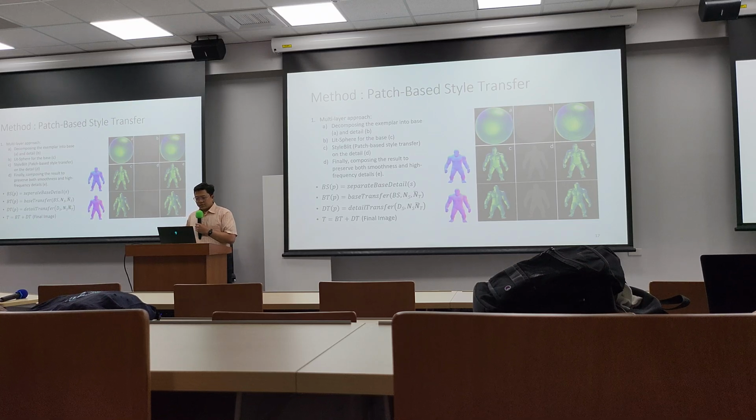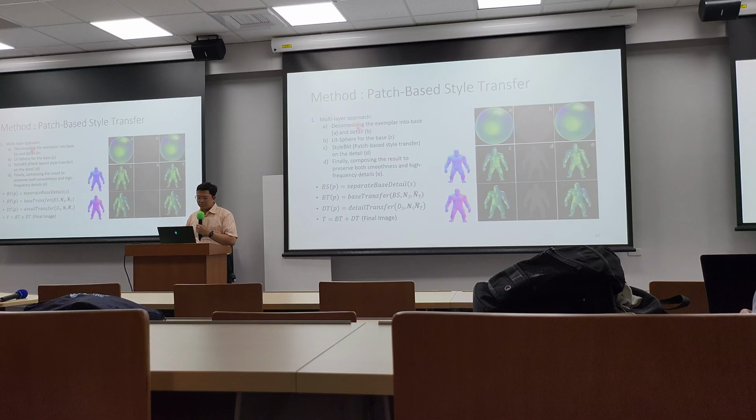And then, this is the patch-based style transfer process. With the given rotated normal map, we apply the guided patch-based style transfer similar to StyLit. This transfer is performed separately for the low frequency base layer and the high frequency detail layer, as illustrated in the figure.